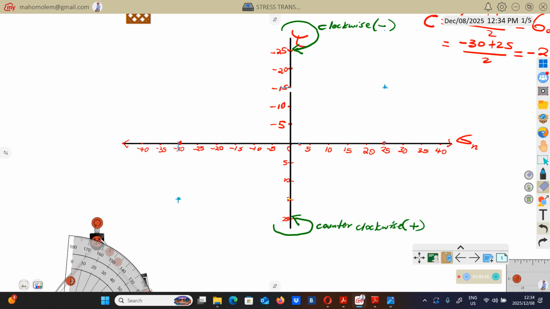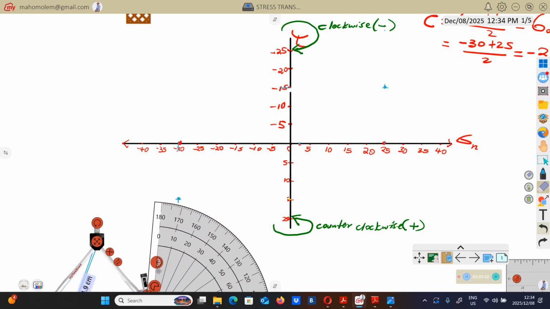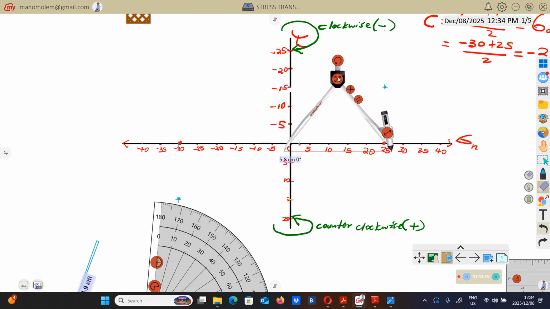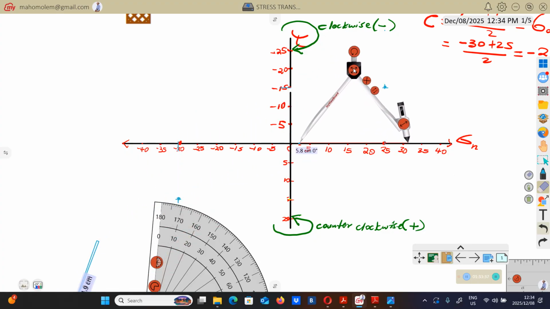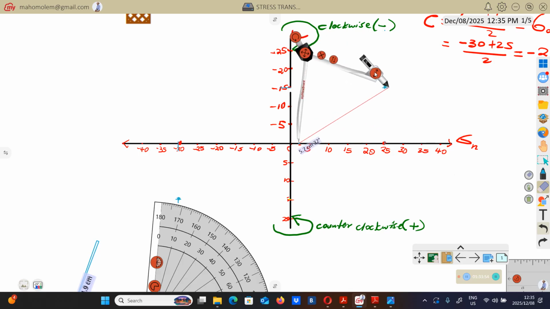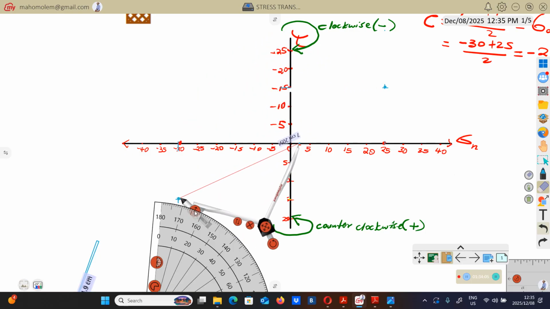So from here, you will need the compass. Here's your compass. This is your center. You put this edge here at the center. This is where there is that 2.5. Then from there, you stretch it until it touches this dot here, or this one.